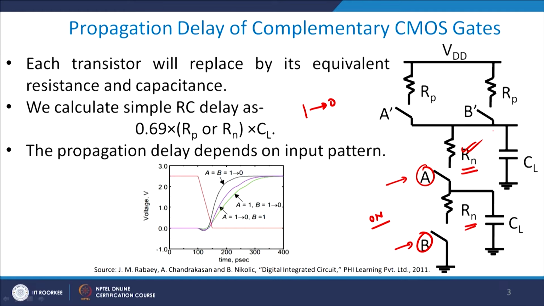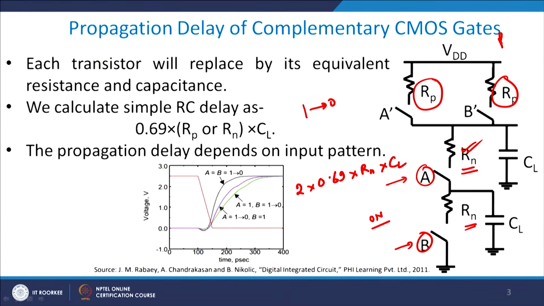So, your TPHL, high to low, will be something like this, that 2 times 0.69 into Rn into CL, right, where CL, assuming that they are almost equal, are in series. So, 1 by CL plus 1 by CL will be there, and automatically you get CL by 2.